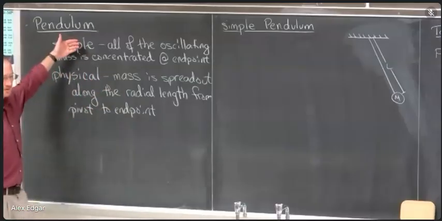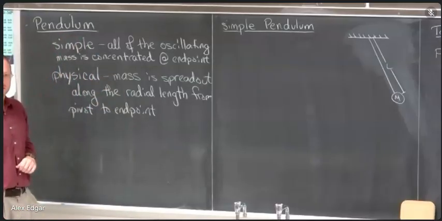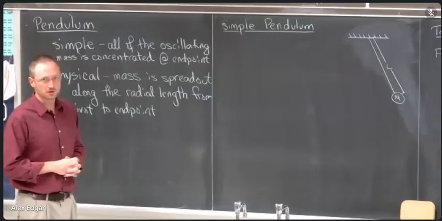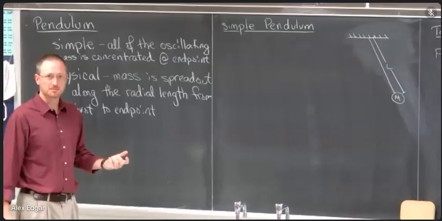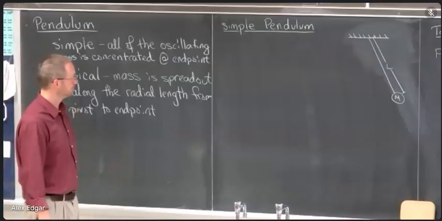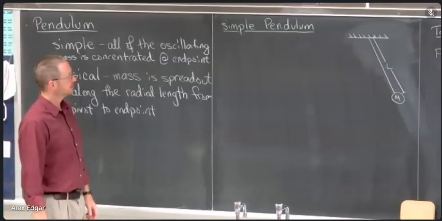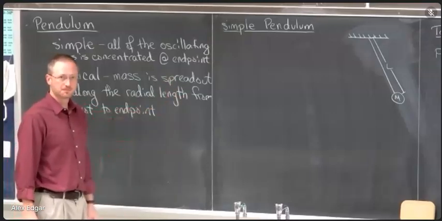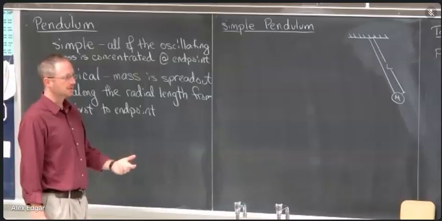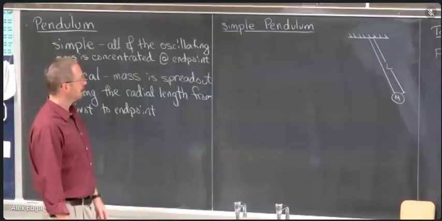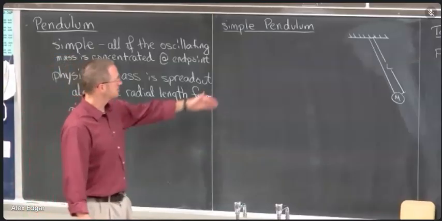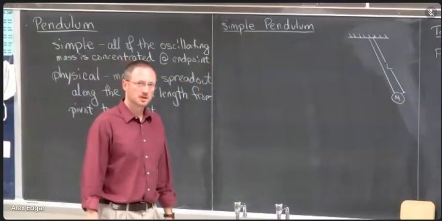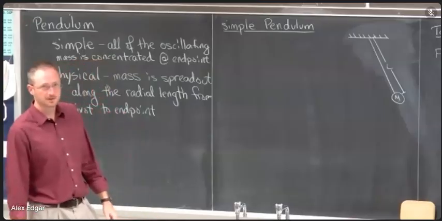For the simple pendulum, rotational inertia collapses down to the rotational inertia of a mass on the end of a massless ideal string. For this video, let's focus on the simple pendulum, and then if there's time at the end, I will go back to this and rederive the short version to get the period of a physical pendulum.